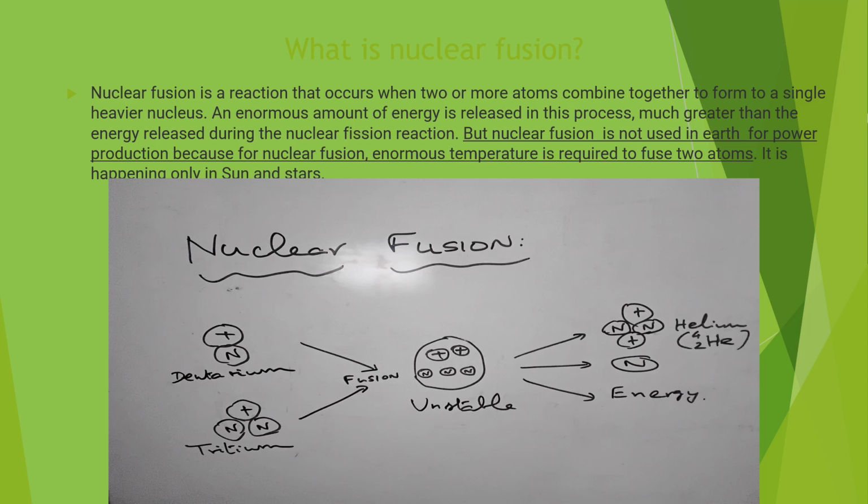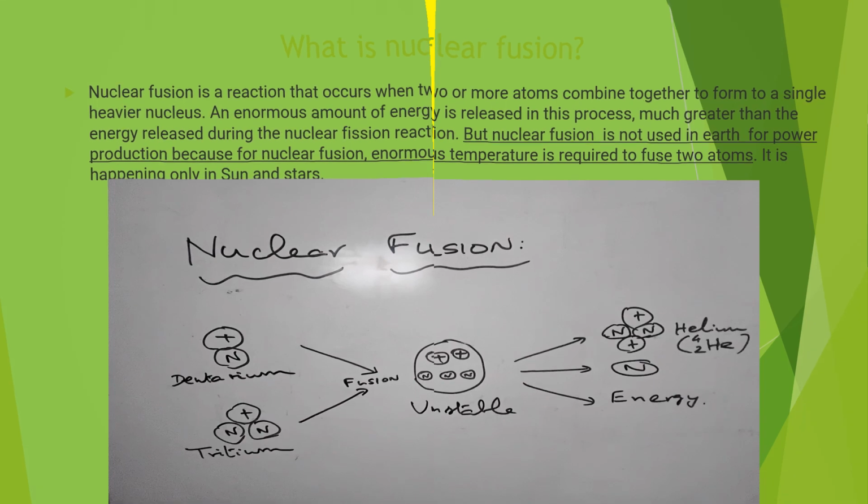By fusing them, we form an unstable radioactive substance, and in turn it breaks into helium, and a lot of energy is what we are getting, along with daughter nuclei. So the energy from nuclear fusion is more than nuclear fission, so most of the countries prefer this.